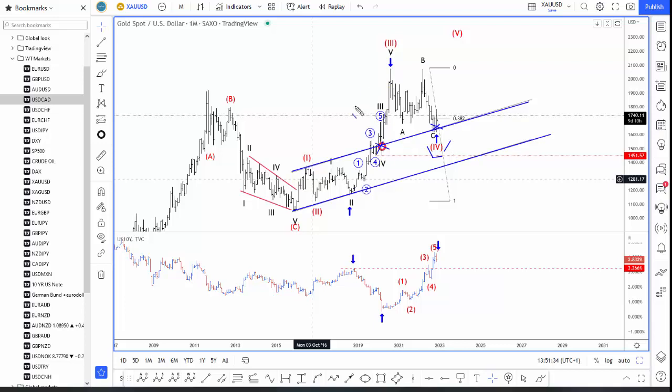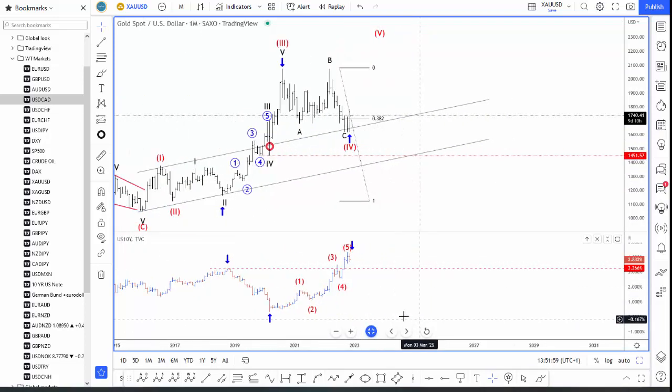So in my opinion, we are at a very interesting support for gold, especially if we also consider that the 10-year US yields have potentially a 5-wave movement, meaning that a 5-wave rally could cause a minimum 3-wave reversal. And if that would be the case, this again would be bearish for the dollar and obviously bullish for gold.